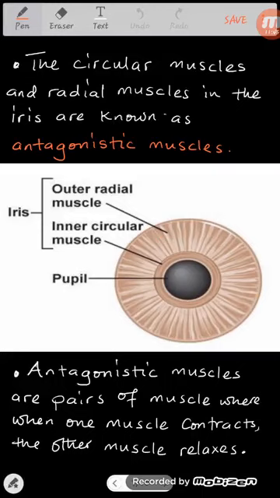When one muscle is pulling, the other one will be pushing. That is what we call antagonism. So such type of muscles are what we call antagonistic muscles. These are the things that you must understand when you are studying the external structure of the eye.